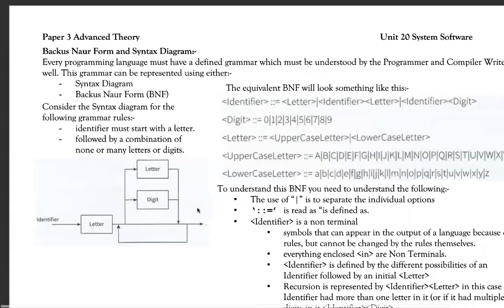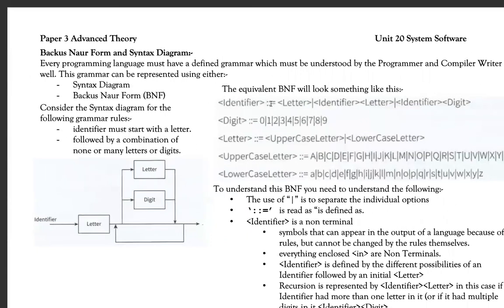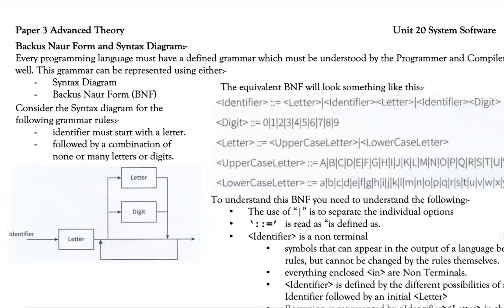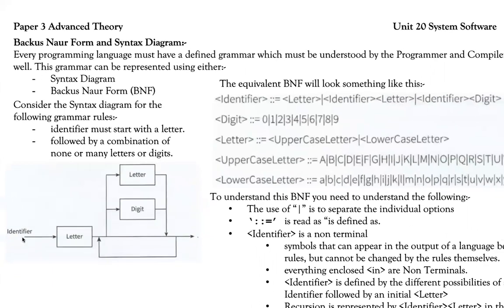Now, if you look at this first line over here, the word identifier is written here, just like it was written over here. But I also see these greater than, less than symbols. This combination of symbols in Backus form means that this identifier is a non-terminal.